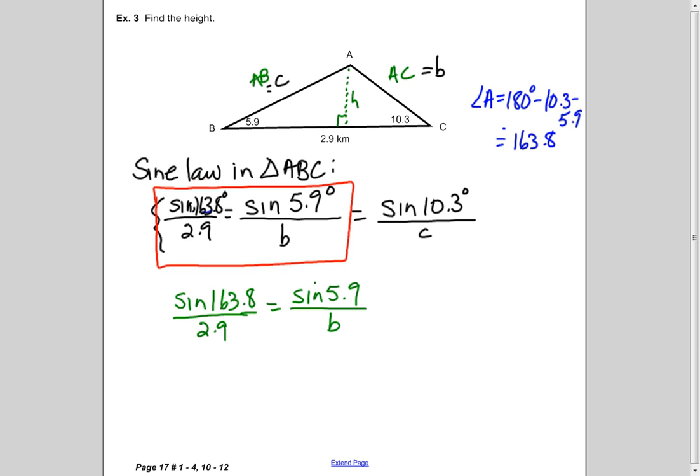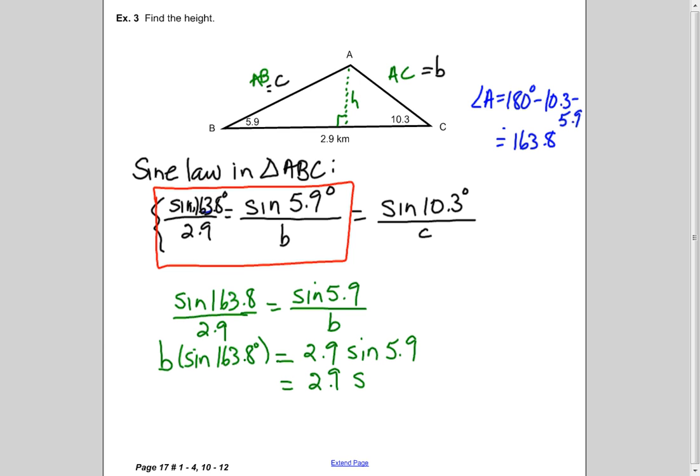To solve for B, again, the variable's in the bottom. We want to get it by itself, so we're going to multiply both sides by B. So the left becomes B times sine 163.8, and the right becomes 2.9 times sine 5.9. One more step before we touch our calculators.